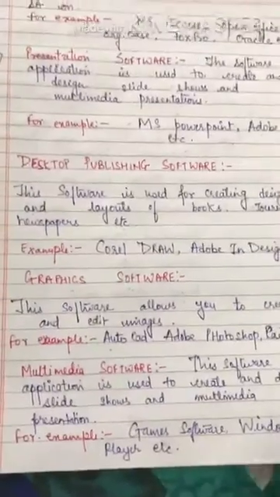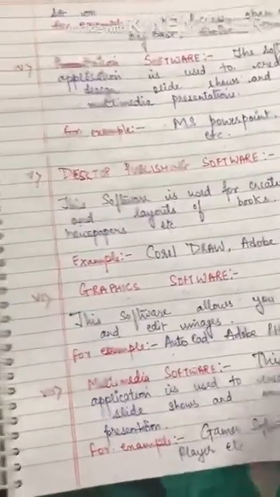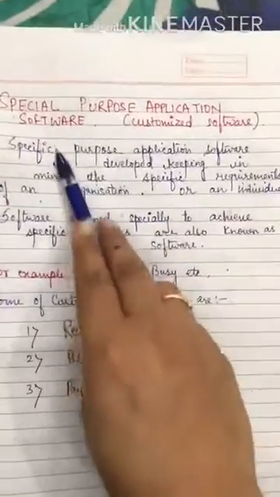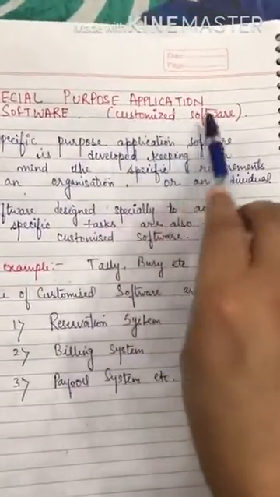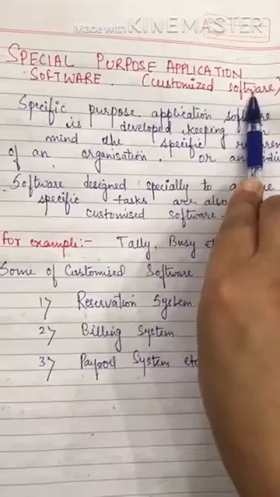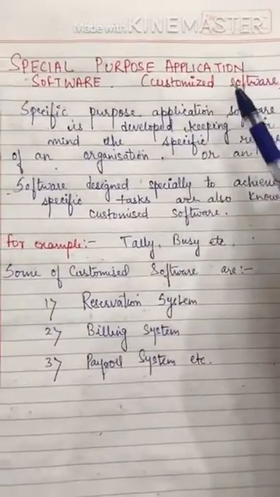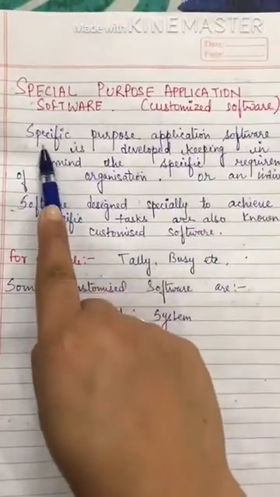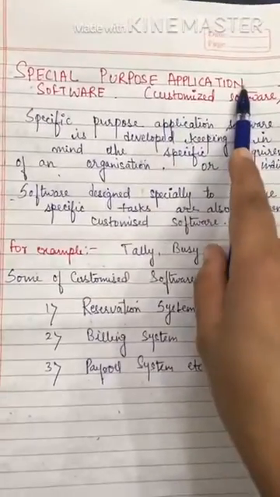Now come to the last topic of application software. This is special purpose application software, also known as customized software. Customized software means modified. Now what is special purpose application software?